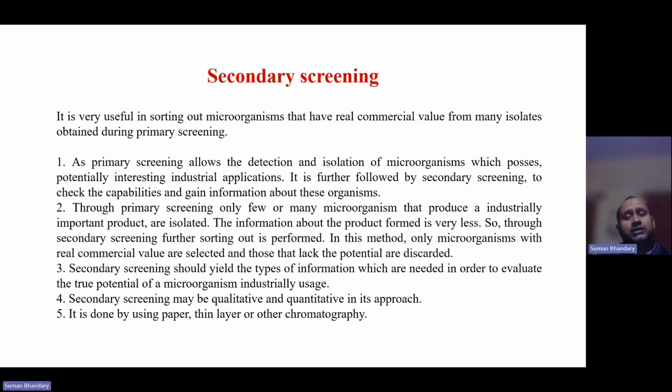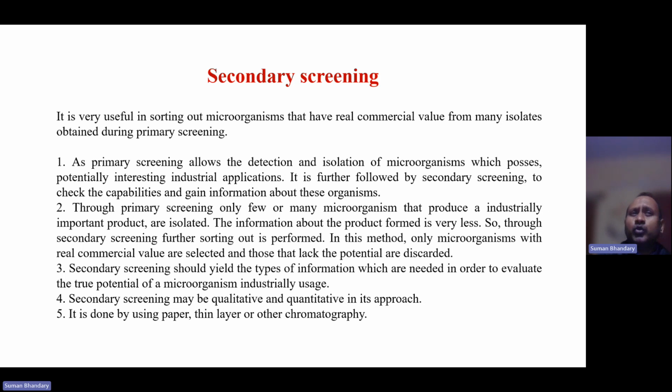The quality of the yield product, the type of fermentation required for large scale production, and elimination of the useless microorganisms which are not industrially important.